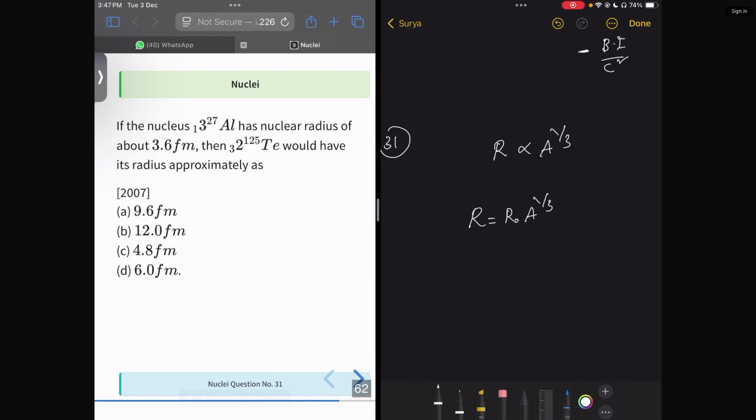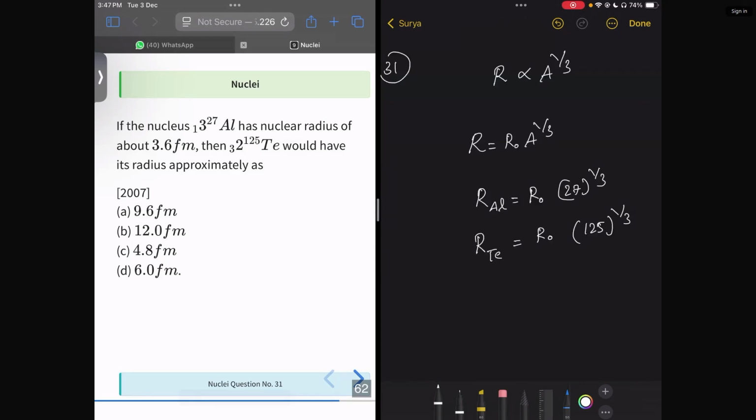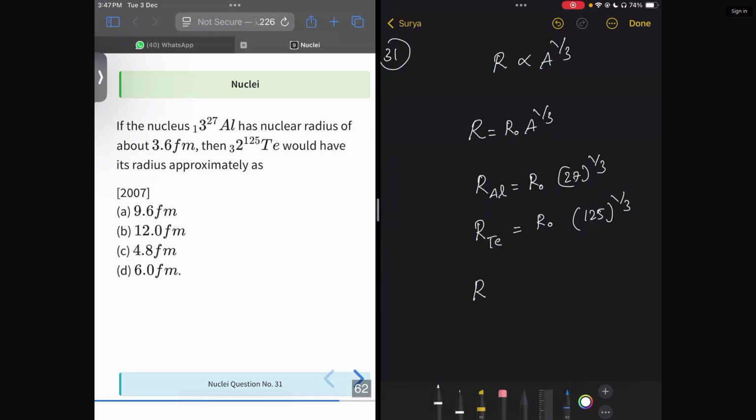Aluminum will be R naught into 27 power 1/3, and tellurium, R naught into 125 whole power 1/3. Taking the ratio, aluminum divided by tellurium is 27 divided by 125 whole power 1/3, so it will be 3/5.